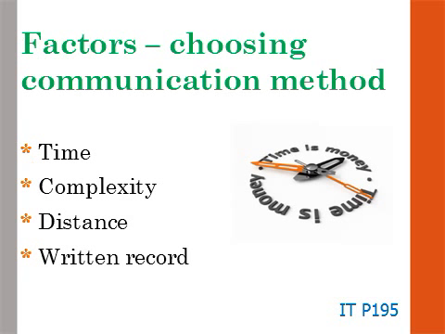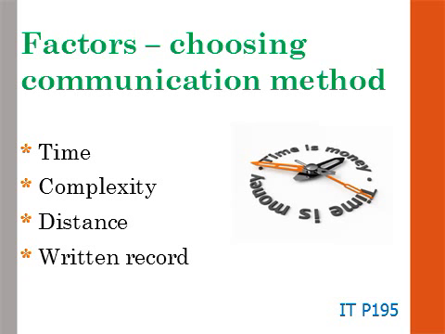These are some of the factors to consider when choosing a communication method. Time: how long is needed to prepare the message and transmit it, versus how urgent the message is. Complexity: the method of relaying complex information needs to be chosen carefully. A written document may make it easier for the recipient to digest a lot of information, but a conversation might make instant clarification easier.